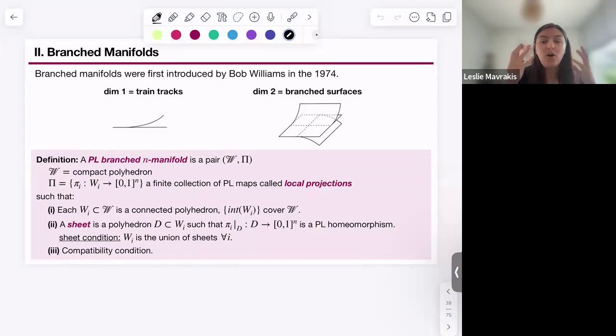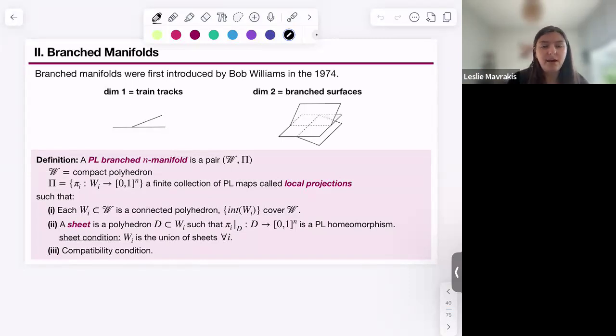So what is our local picture? These on the screen are the local picture for Bob Williams in the smooth category, and our local picture is just a PL-ified version of this. So here's my dimension 1 picture, and here's my dimension 2 picture.